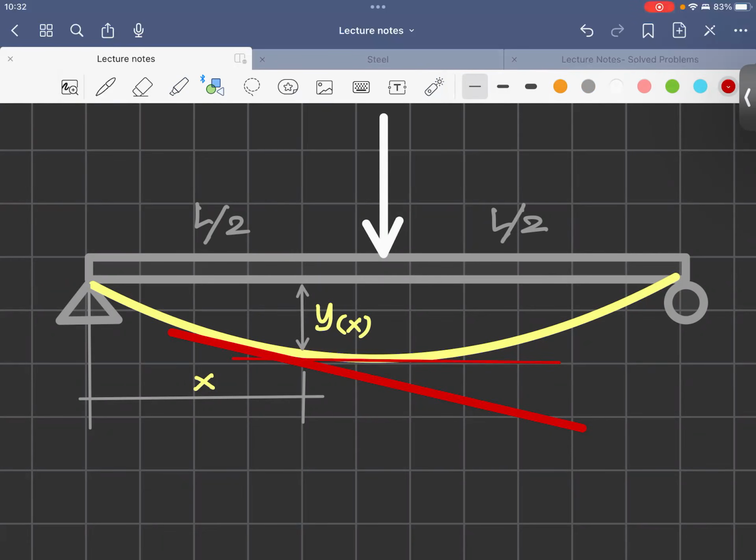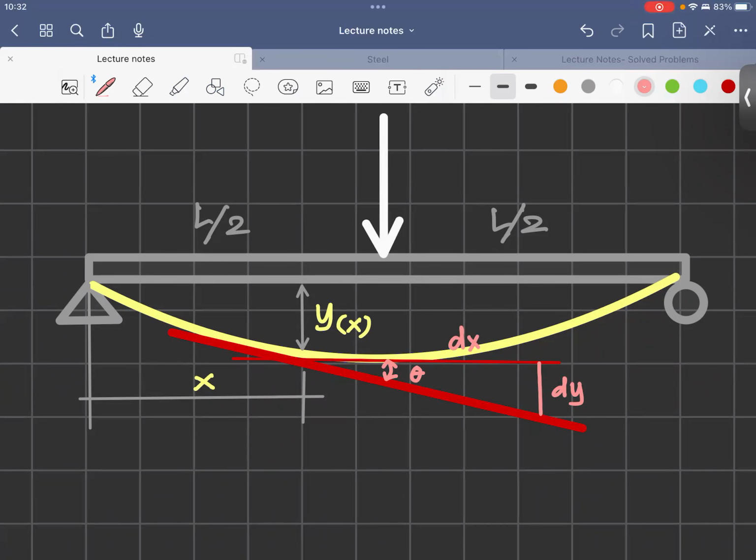If this is the tangent line, of course this will have an angle theta, and then you have your dy, and then of course distance dx.